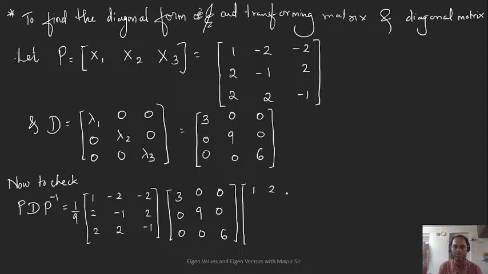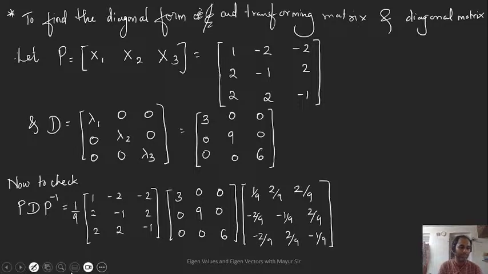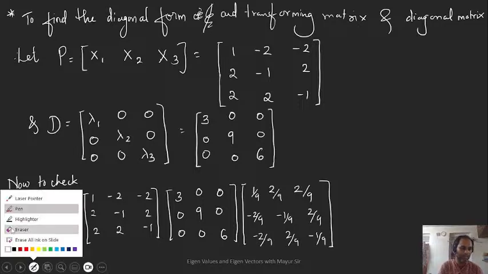So 1 2 2, or you want me to write 1/9? Yeah, fine. 1/9, 2/9, 2/9, then -2/9, -1/9, then 2/9, and then there is -2/9, 2/9, and -1/9. Yeah, this is the matrix that we have.